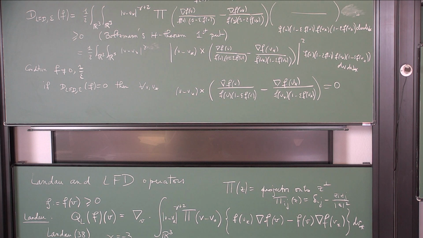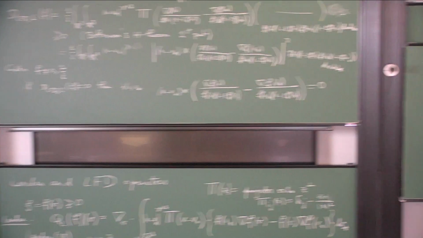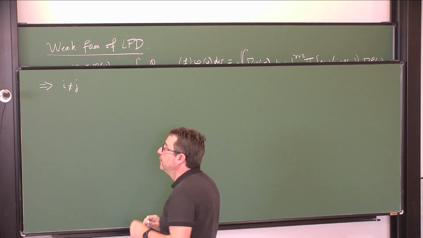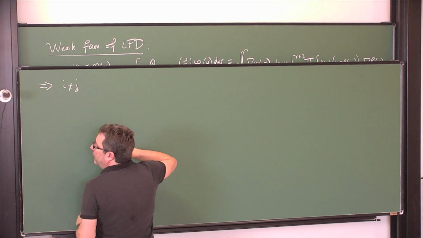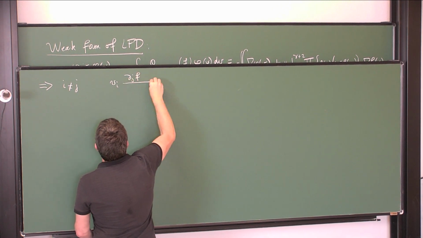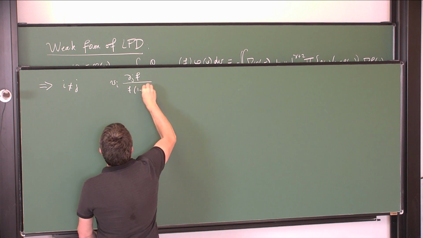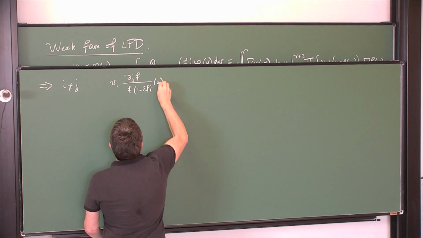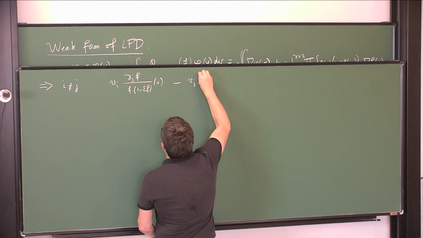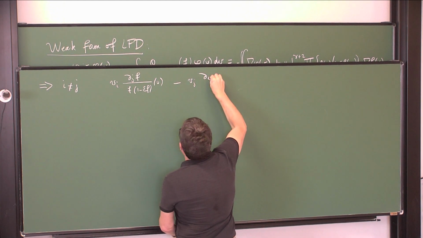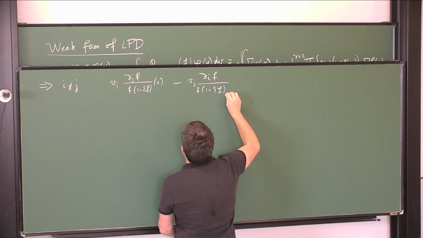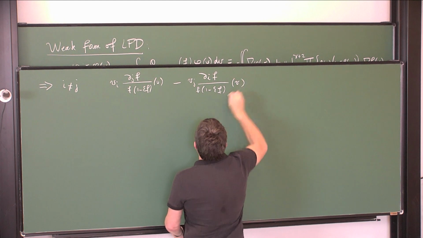So when you do that, you see that if you take i different from j, so coordinates between 1 and 3, then this is the same as looking at vi djf over f1 minus epsilon f taken at point v minus vj dif over f1 minus epsilon f at point v.